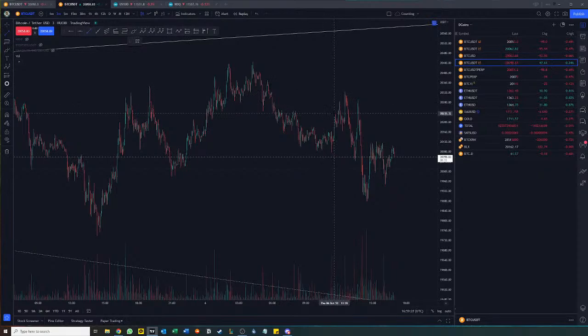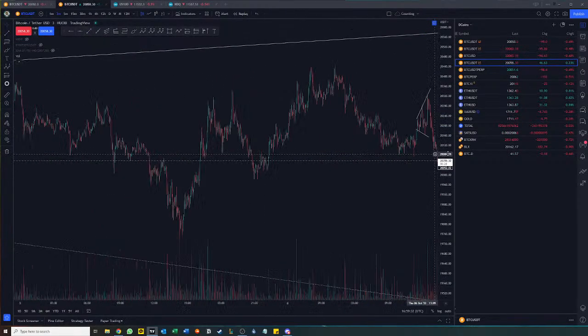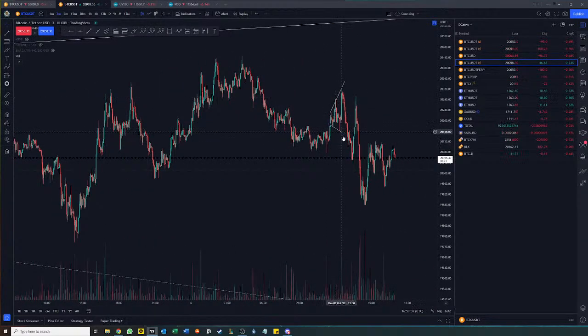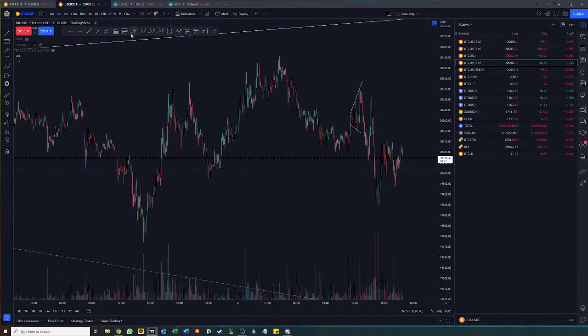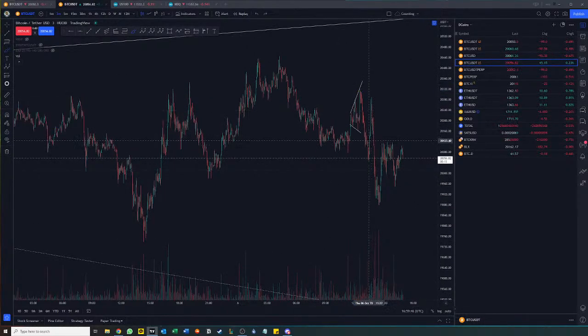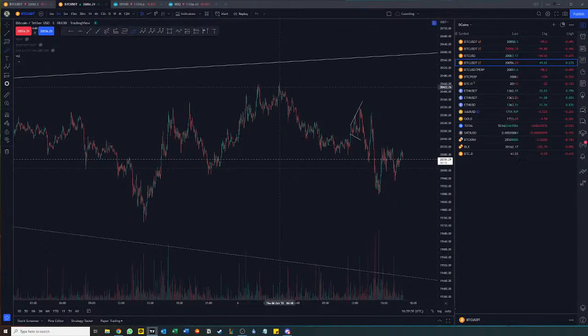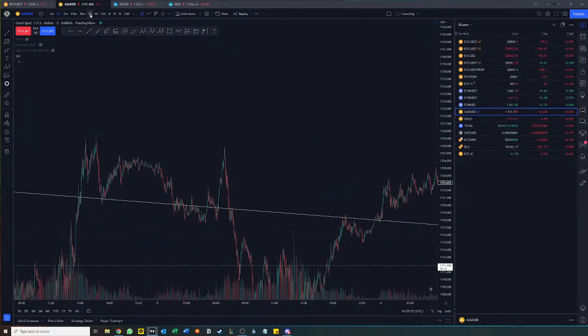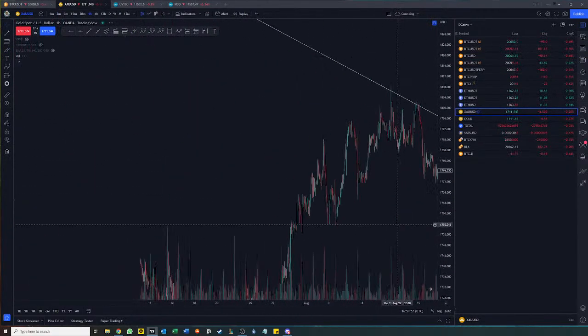Quick tip. If you see this pattern, an expanding diagonal like this, going higher highs, lower lows, I guess, then just take a short on the top. It's the easiest pattern you could see in Bitcoin and in any stocks, even gold. Yeah, gold. So easy.